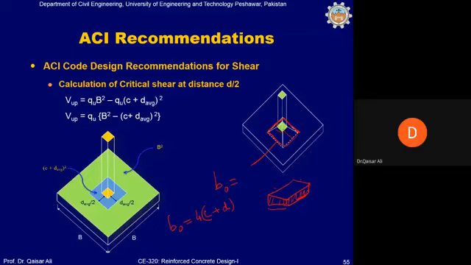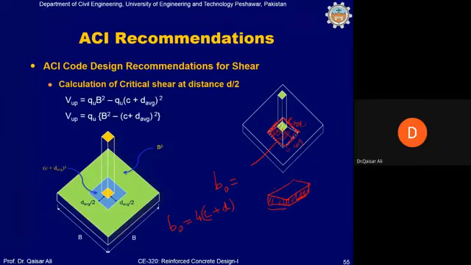Okay, and the area which is to be now deducted from this punching shear will be this area, where one side is c + d, and this side is also c + d.